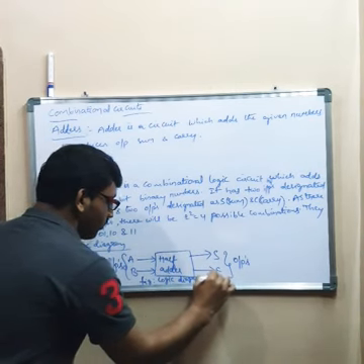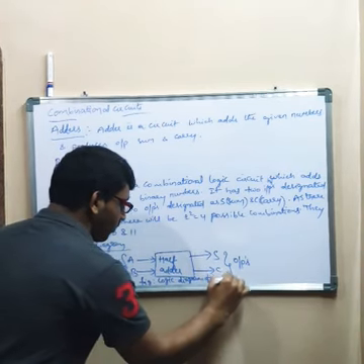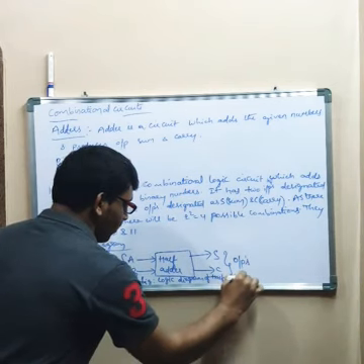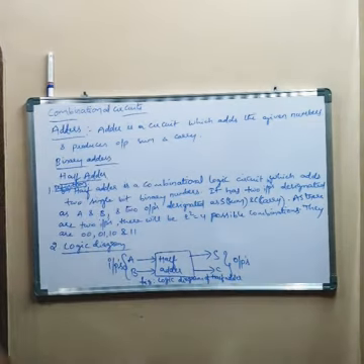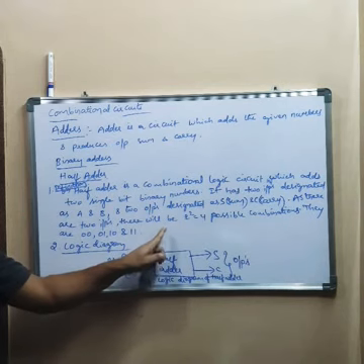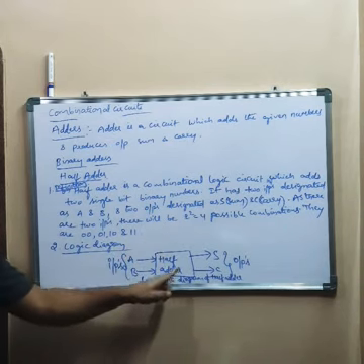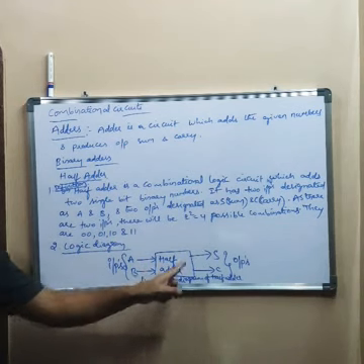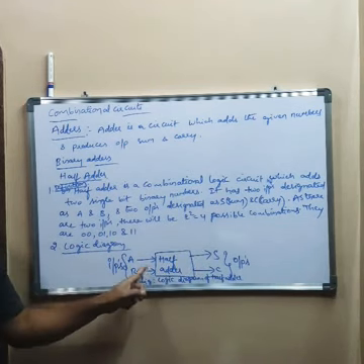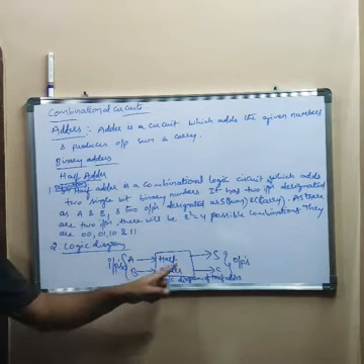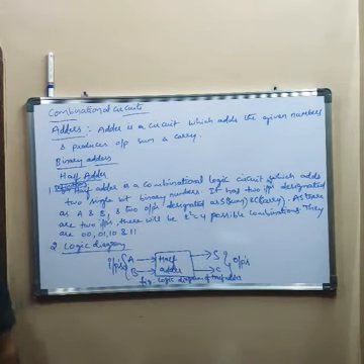The half adder contains two inputs and two outputs. The two inputs are designated as A and B. The two outputs are designated as S and C, sum and carry.